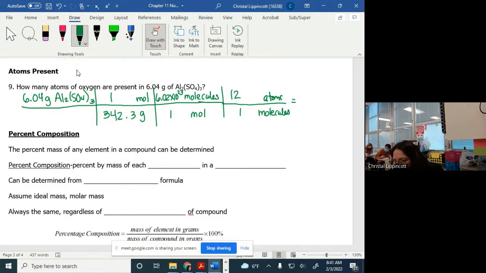Right, because they're asking you how many atoms of oxygen are present. All right, so I ended up with 1 point, how many sig figs? 27 times 10 to the 23rd, and that's going to be atoms of oxygen.